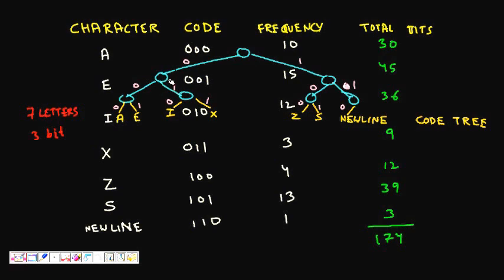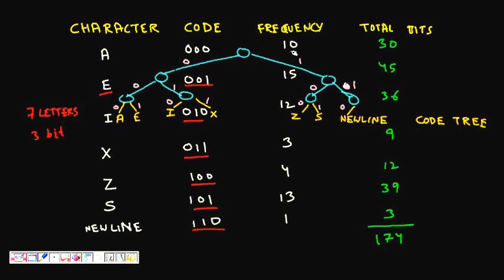So A, E, I, X, Z, S, and newline, there are 7. A is encoded as 000, E as 001, I as 010, X as 011, Z as 100, S as 101, newline as 110.